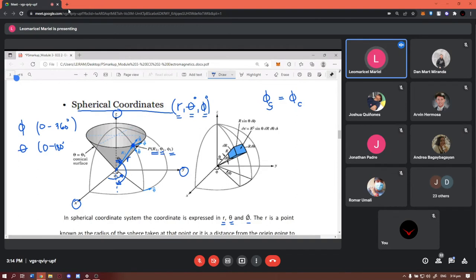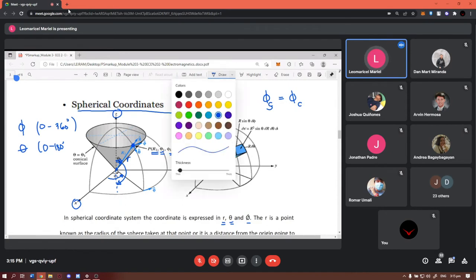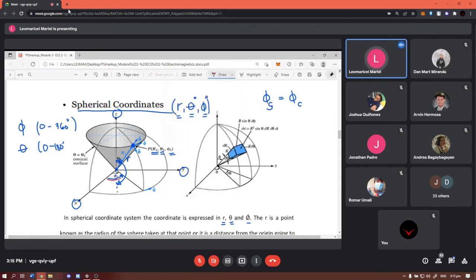So kaya 180 degrees lang. Our phi naman can be expressed from this particular point, paikot, okay, hanggang sa makabilog ka doon. That this will be 360 degrees. Nakuha? So that is the restriction of the two angles in a spherical coordinate system.